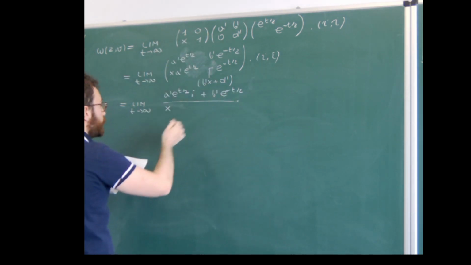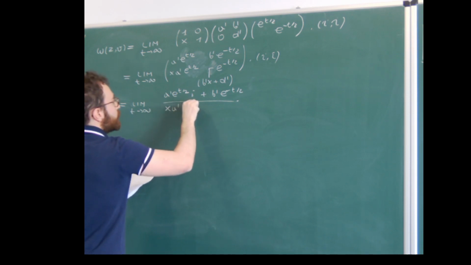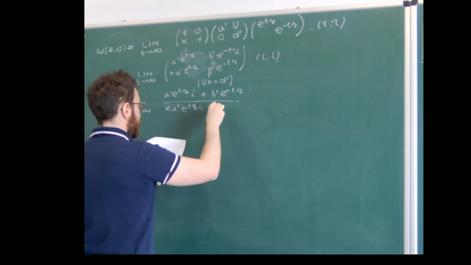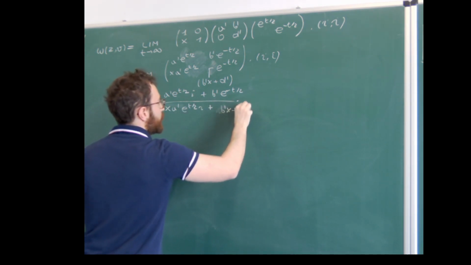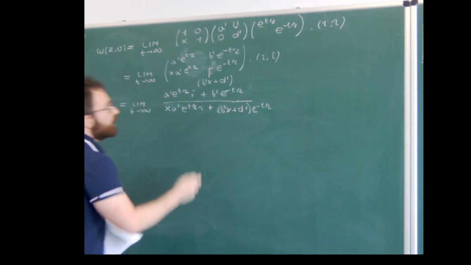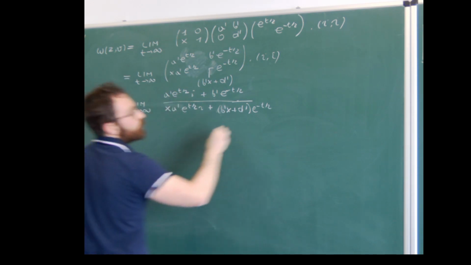We don't care about the component v, right? So this is x a prime e to the t halves I plus b prime x plus d prime e to the minus t halves. Okay, and now these two disappear, and when you take t to infinity, what you obtain is 1 over x.